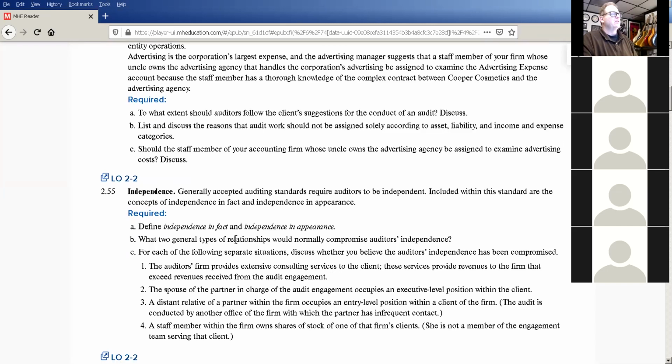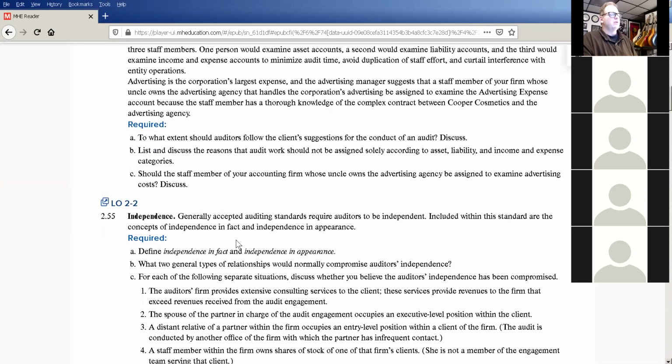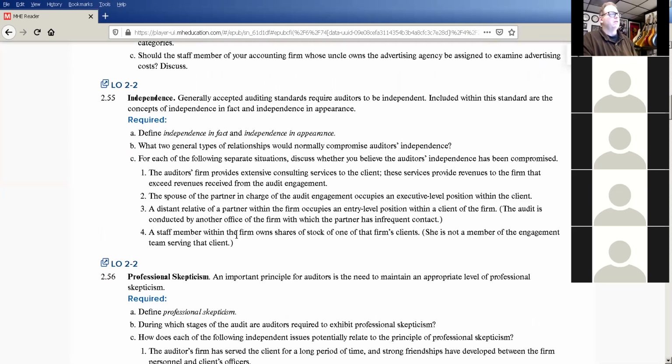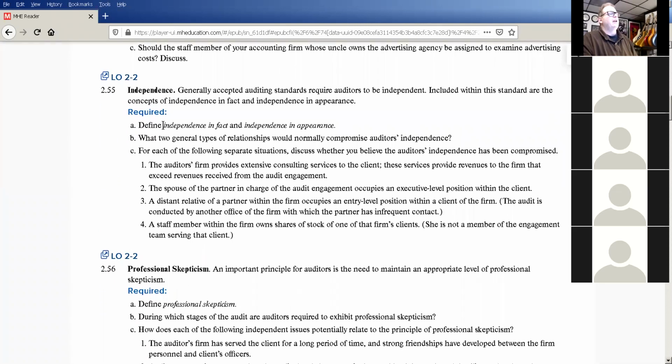But let's go to 255. And we kind of just talked about this. Independence in fact and independence in appearance. Independence in fact is that the auditor is independent. They're unbiased. They are doing the job objectively to the best of their ability.